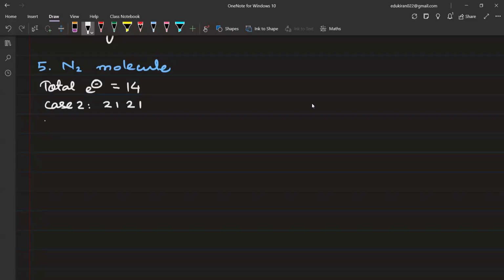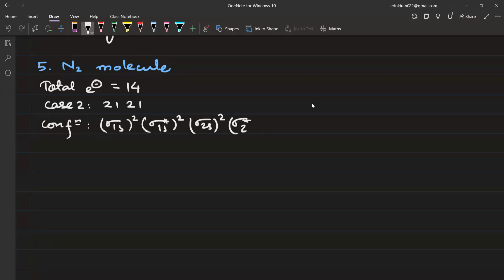Okay. So the configuration will be sigma 1s2, sigma star 1s2, sigma 2s2, sigma star 2s2, pi 2px2 is equal to pi 2py2. ठीक है? उसके बाद we are going to count the number of electrons remaining.